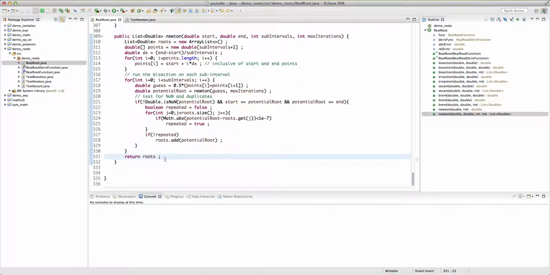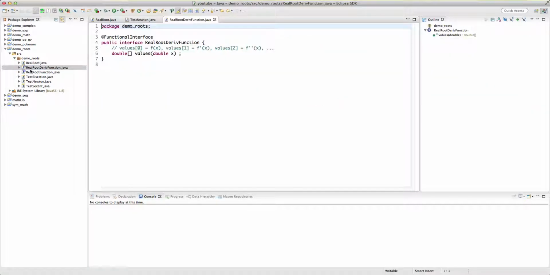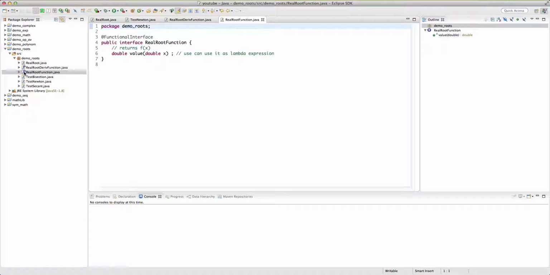But for Newton's method and the next method, which is a generalized Taylor method, we do need to calculate the higher order derivatives. So if we have an analytic expression available, then we can just use the real root deriv function. If we don't know them, we can use the real root function and then numerically calculate them.